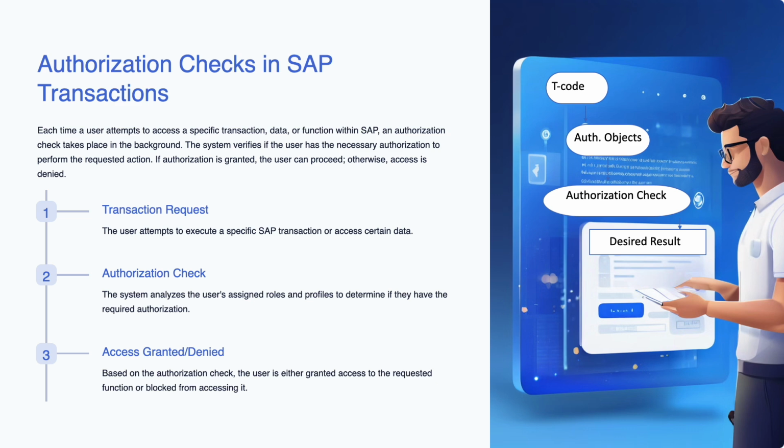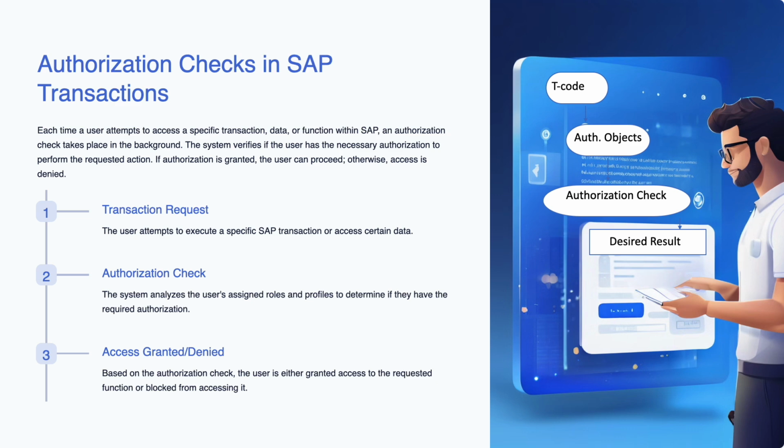There are few steps for authorization checks in SAP. First one is transaction request. When a user attempts to execute a specific SAP transaction or access data, the process begins with the transaction request. The system then checks if the user is authorized to proceed or not.